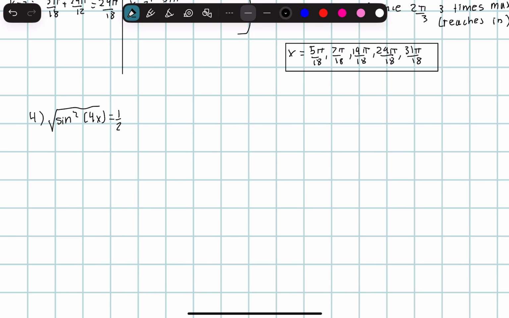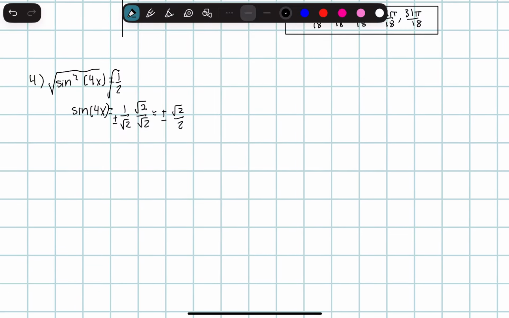So we're going to take the square root. It's going to be sine of 4x equals plus or minus 1 over root 2. But we can rationalize this, so that's equal to plus or minus root 2 over 2. Okay, great.